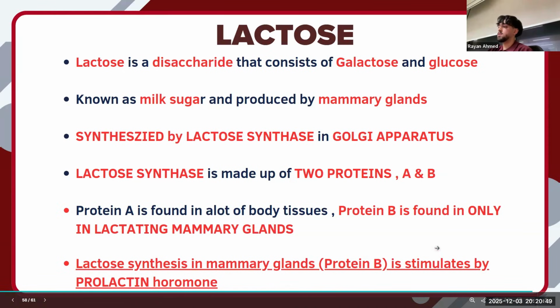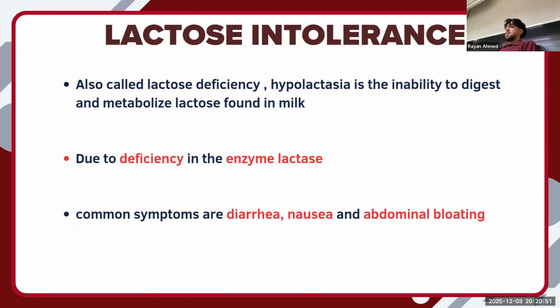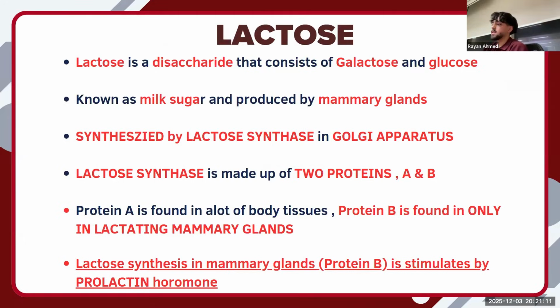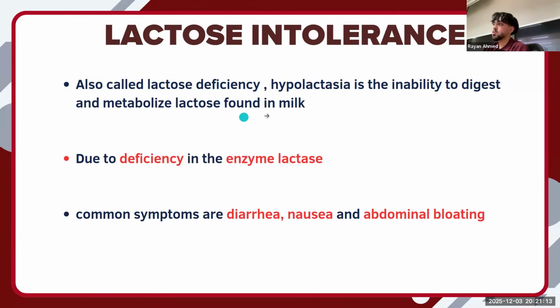Okay, let's continue. Now we have lactose intolerance. Please also note another high yield point about lactose intolerance. It's also called lactose deficiency or hypolactasia, the inability to digest and metabolize lactose found in milk. So the enzyme lactase is deficient here in lactose intolerance.